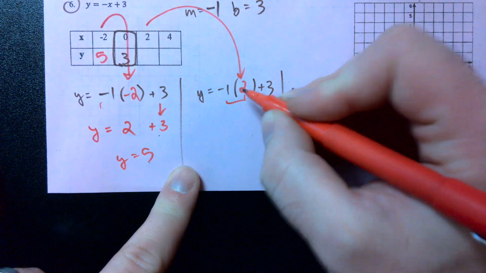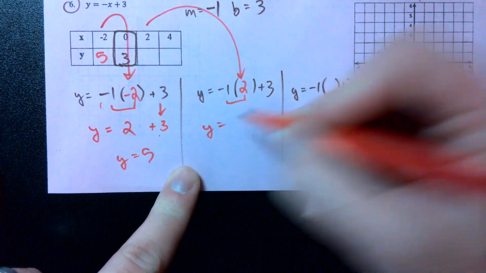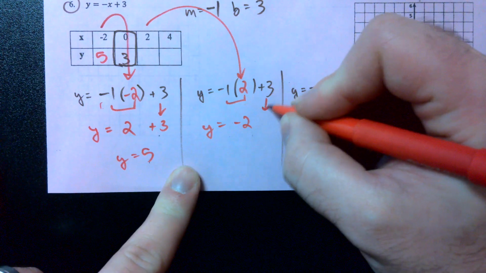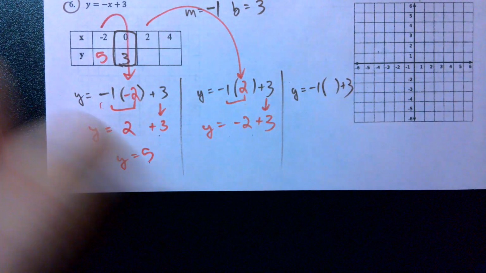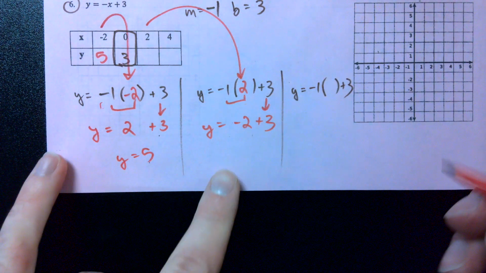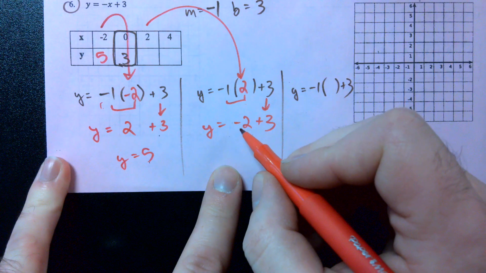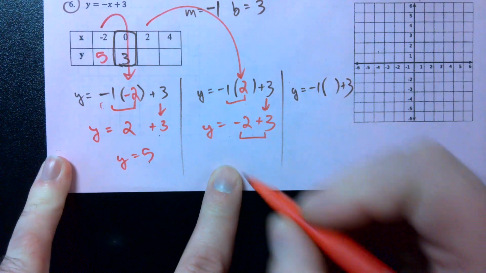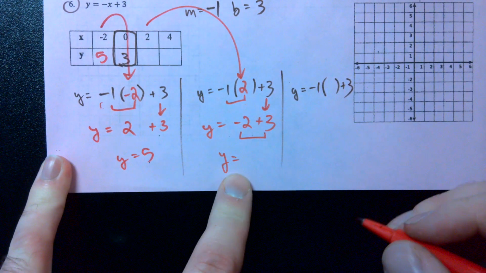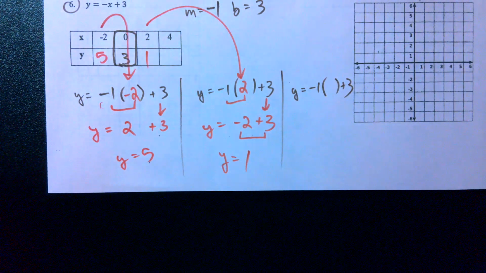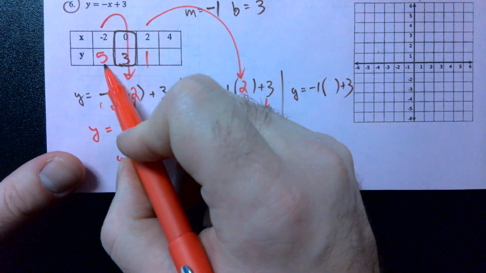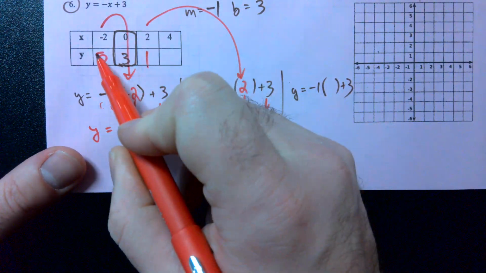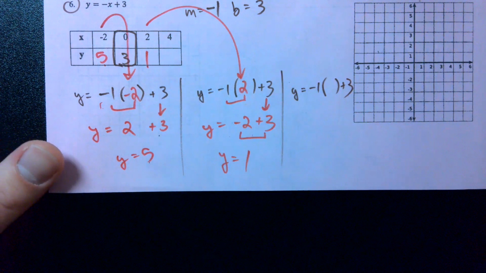What's negative 1 times positive 2 going to give me? Negative 2. Now we got to be careful here. What's negative 2 plus 3? 1. Right? Look at my pattern. 5, 3, 1. I'm subtracting 2 each time.